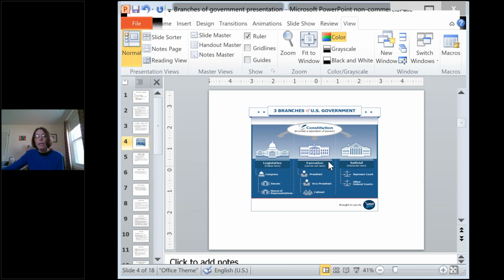The second one is the executive, which carries out the laws, kind of like management in a business. It is made up of the president, the vice president, and the cabinet, the president's cabinet, which I'll discuss a little bit later. And the third one is the judicial, which is another name for the courts, basically. That interprets the laws, it decides what the laws mean. That is made up of the Supreme Court and other federal courts.